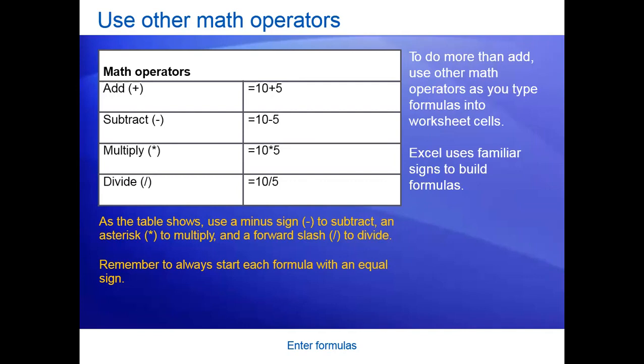Excel uses familiar signs to build formulas. As the table shows, use a minus sign to subtract, an asterisk to multiply, and a forward slash to divide. Remember to always start each formula with an equal sign.